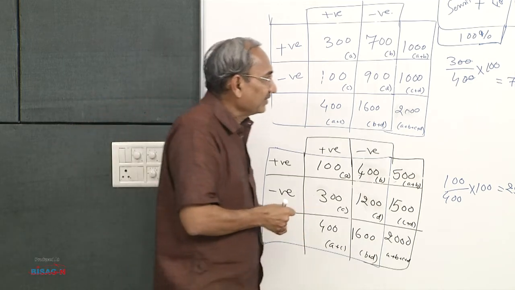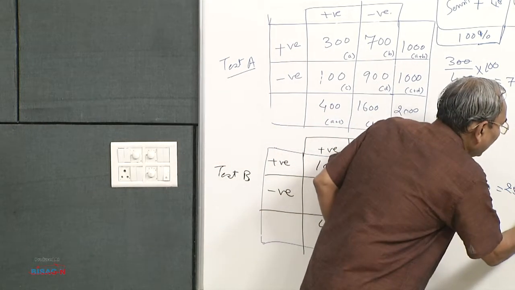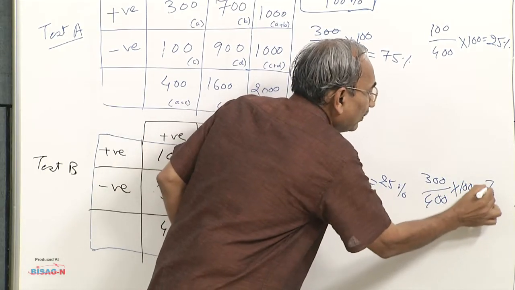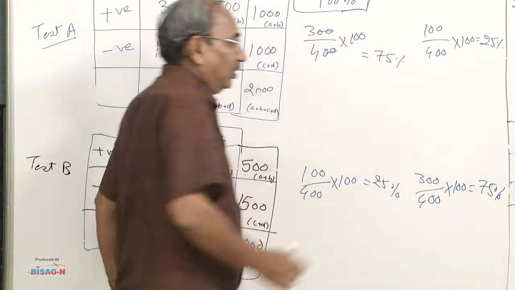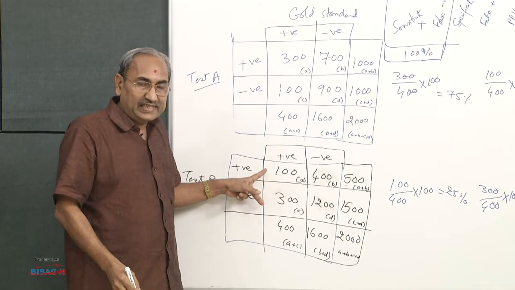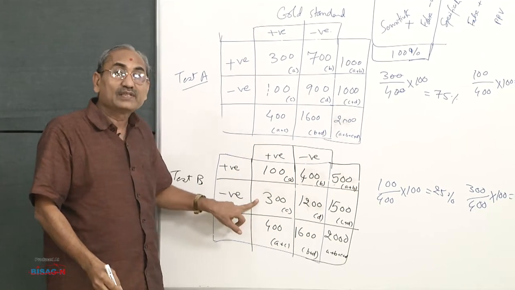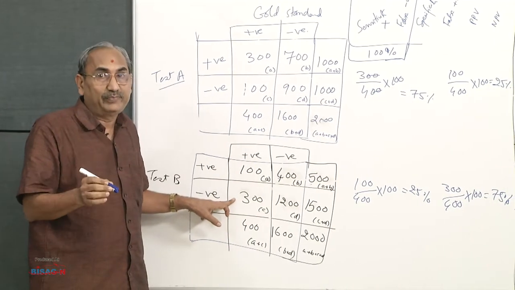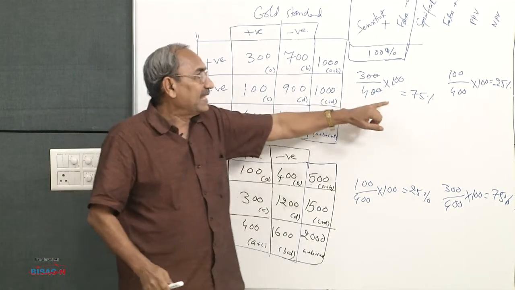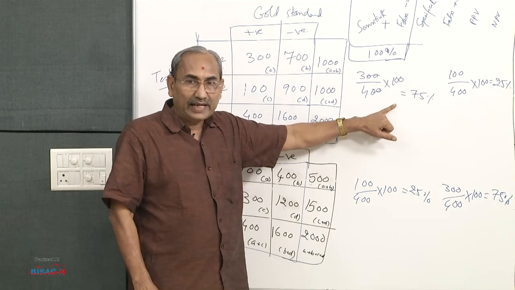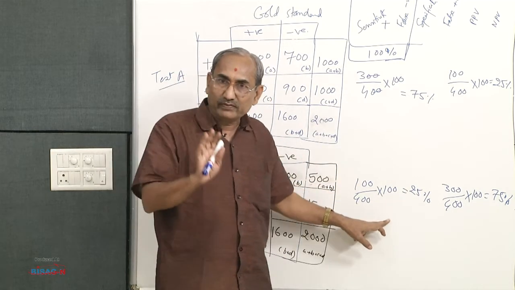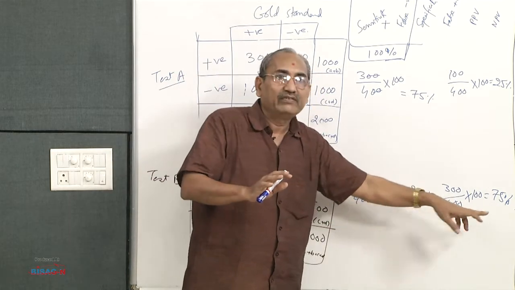So 300 upon 400 multiplied by 100 is equal to 75%. These two totals, sensitivity and falsely labeled as negative, are 100%. If you compare the two tests, in test A the sensitivity is much more and false negative is less. In test B, sensitivity was very low and false negative was very high.